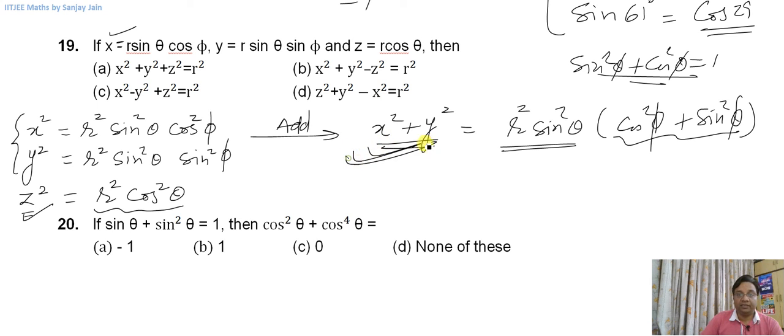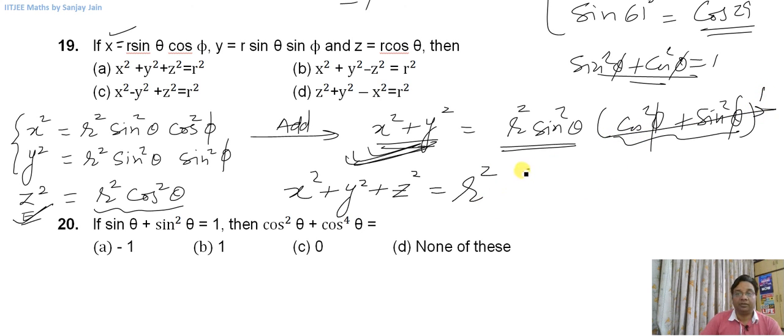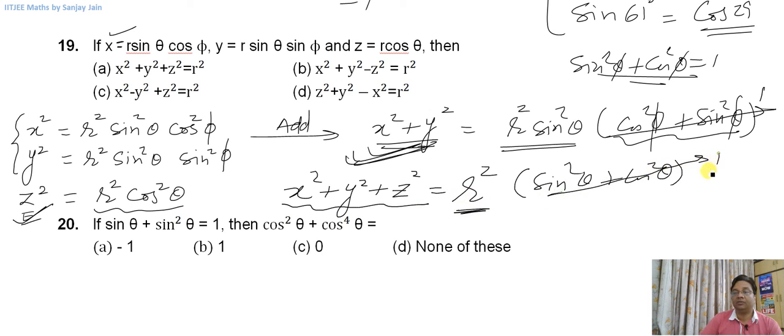So I'll have x square plus y square plus z squared equals, now let me take r square common. Sine square theta plus cos square theta will be inside, and this is equal to 1. So we know the answer, that x square plus y square plus z square is equal to r square. So this is the answer, right?